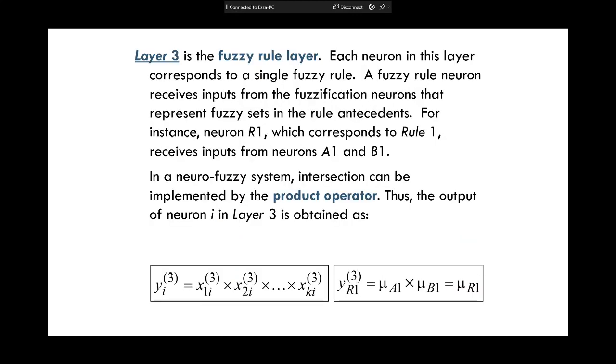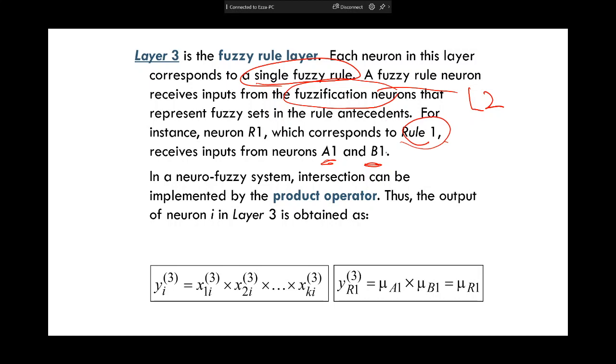Layer 3 is the fuzzy rule layer, where each neuron in this layer corresponds to a single fuzzy rule. A fuzzy rule neuron will receive input from fuzzification neurons, that is from layer 2, that represent the fuzzy sets in the rule antecedent. For example, neuron R1 will correspond to rule 1, and it will receive input from neurons A1 and B1 in layer 2, sorry.